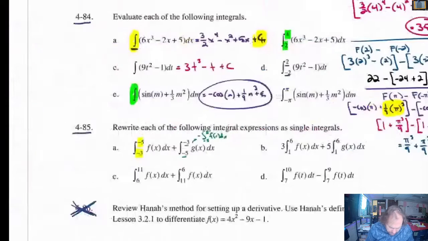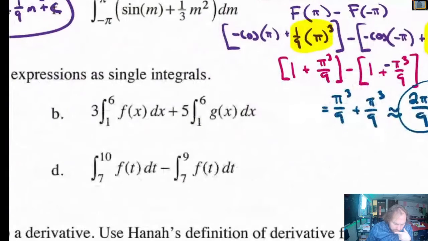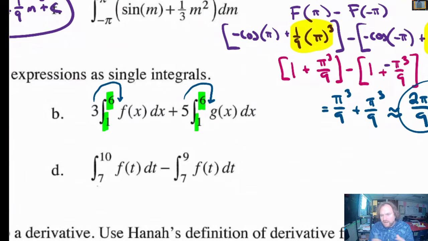For question B, these already have the same bounds, so we're going to combine them together, 1 and 6, 1 and 6. Already they have the same bounds. What we're going to do is use kind of the opposite of a general integral property because we want to combine these together into one integral. So we're going to put the 3 and the 5 back inside the integral with f of x and g of x respectively.